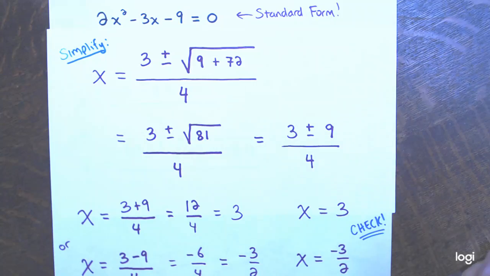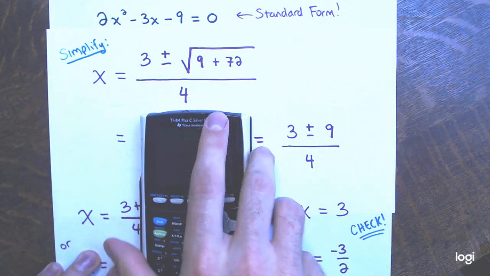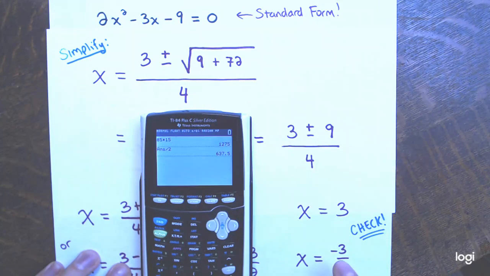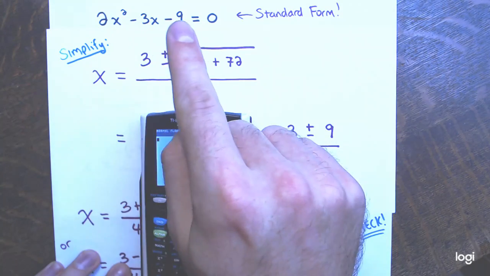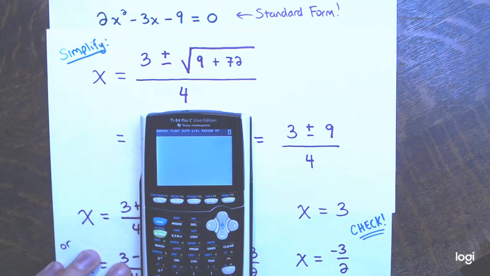And if you want, you can also use your calculators to check. Let me take my negative 1.5, negative 3 halves. So everywhere there's an x, I'm going to see if this left side gives me 0. So I've got 2 times, and then instead of x, I've got negative 3 over 2 squared, right?